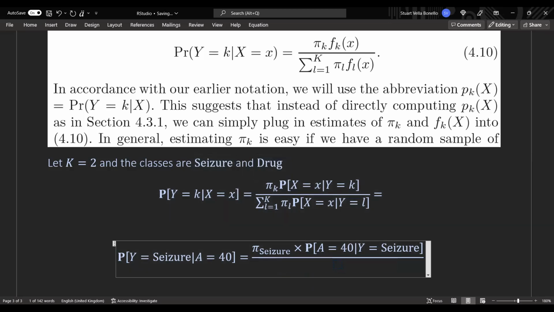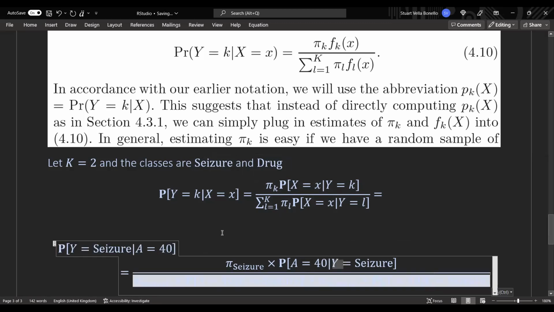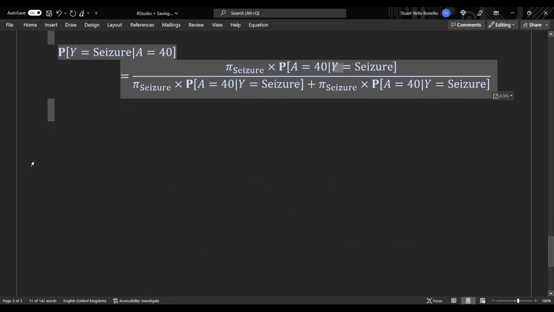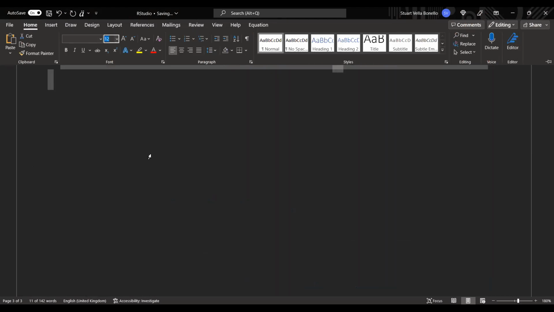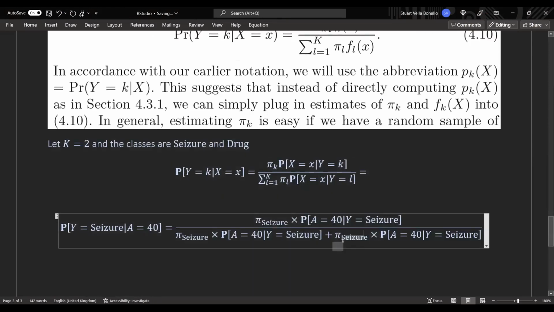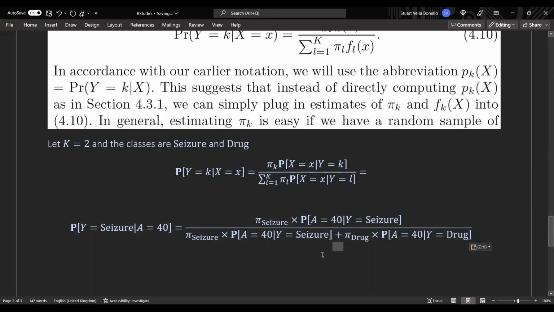So what do we get? We get all this for seizure, but again for drug overdose. So this is Bayes' theorem.